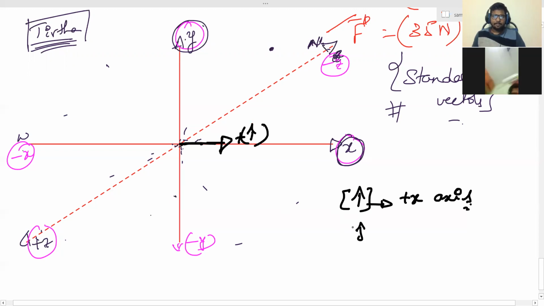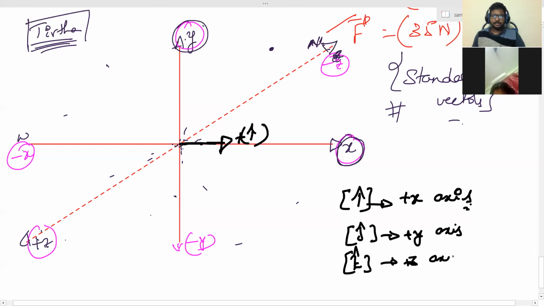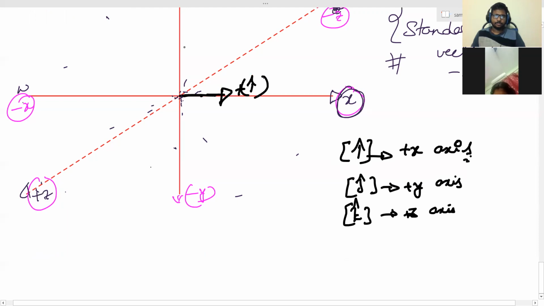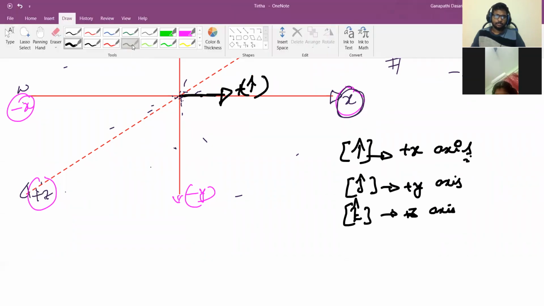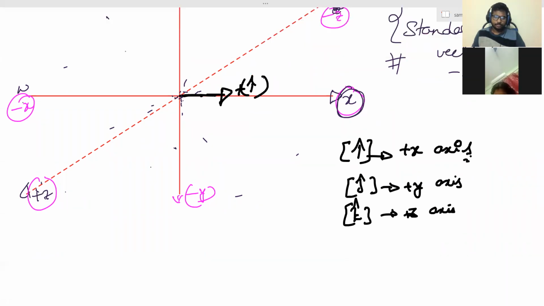Again, like that, j cap they have introduced for the plus y axis. And again, k cap they have introduced for the plus z axis.